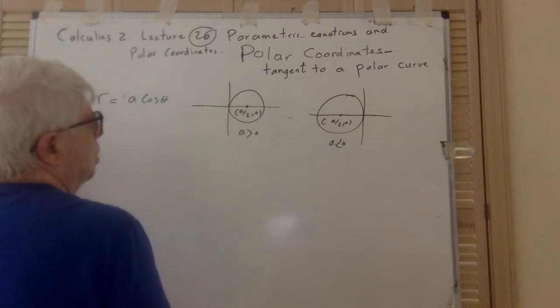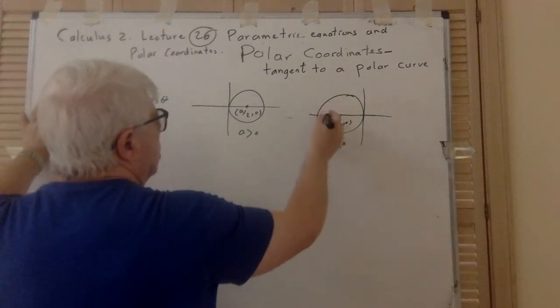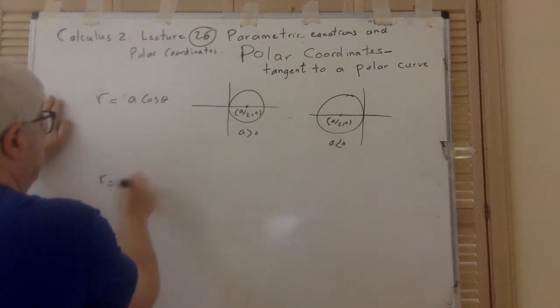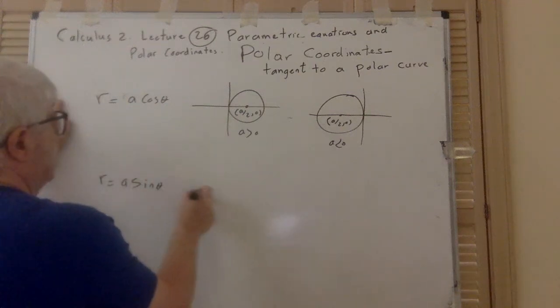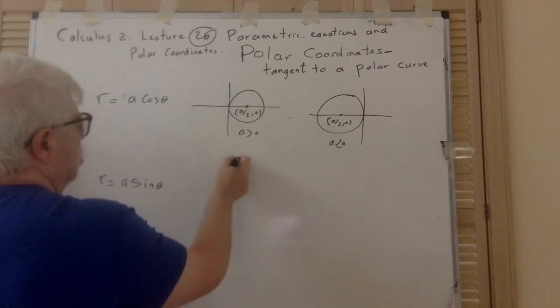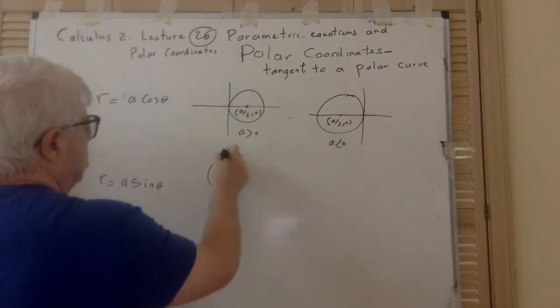Okay, so this is cosine, and r equals a sine theta, as you can guess, is like this. So let me draw two pictures.